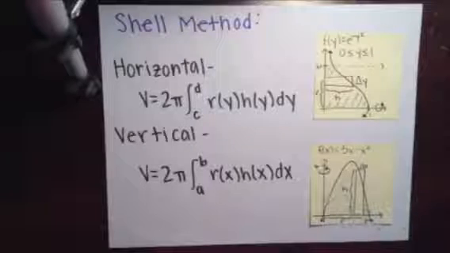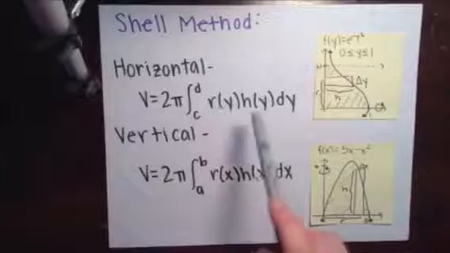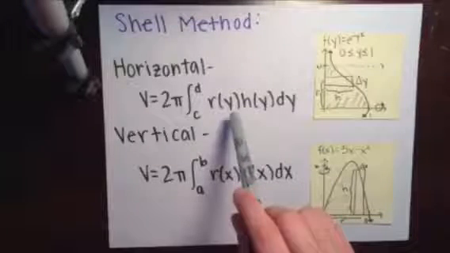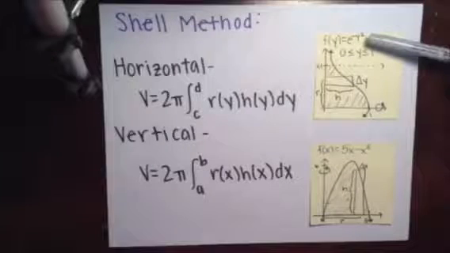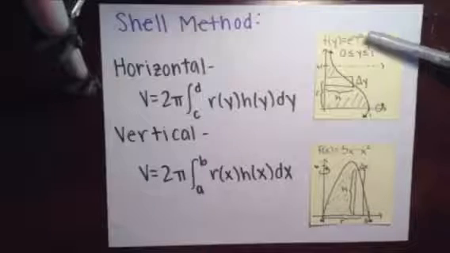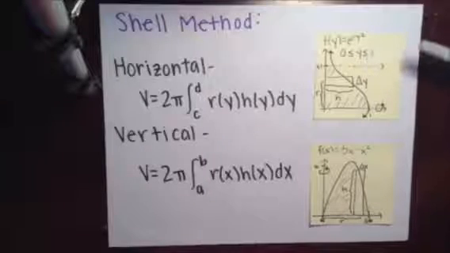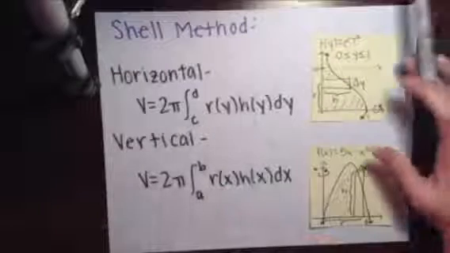So this time we want to use shell method because the variables are opposite, and we always want to integrate with respect to the variable in which the function is written. So since we have e to the negative y squared, we want to integrate with respect to y.